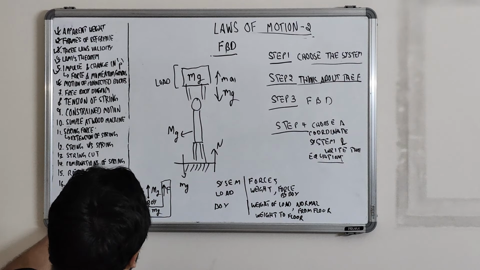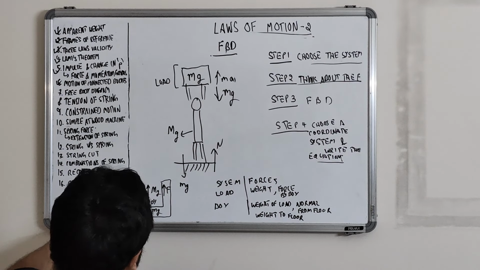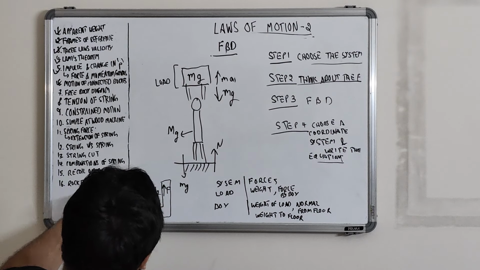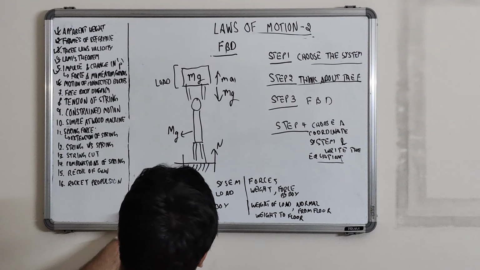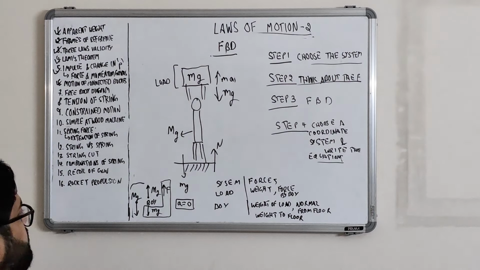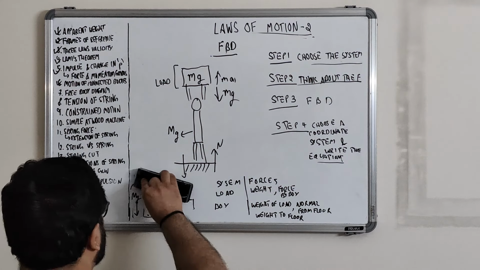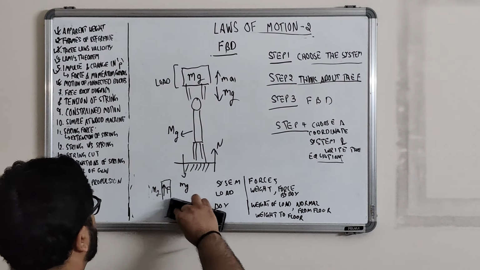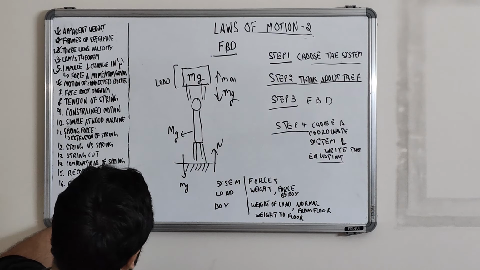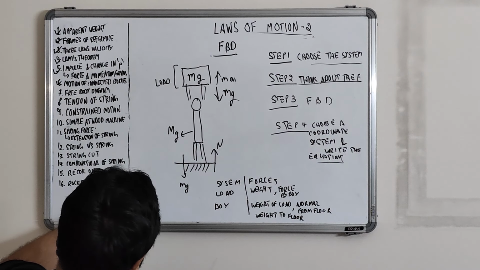And he is applying his own weight to the floor, that is mg, so these cancel out, so net acceleration comes out to be 0. Okay, let me put it again so that you don't get confused, because there are a lot of forces involved here. This is the boy, the load on him is mg.